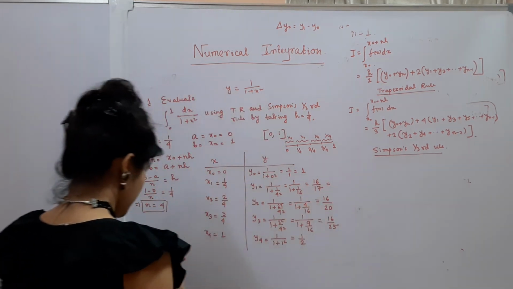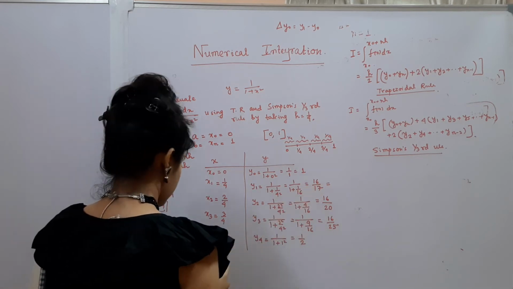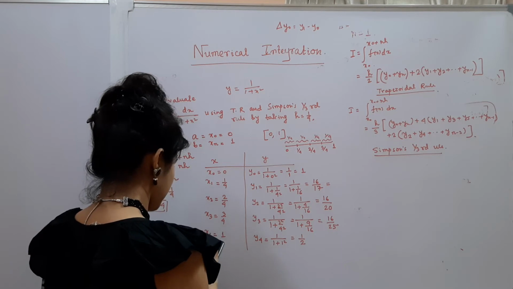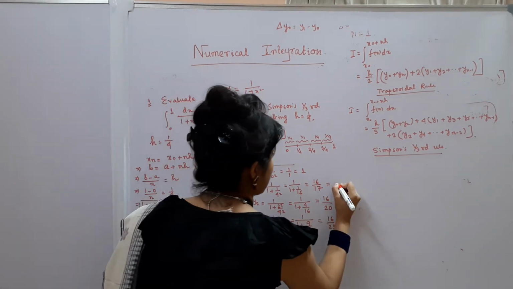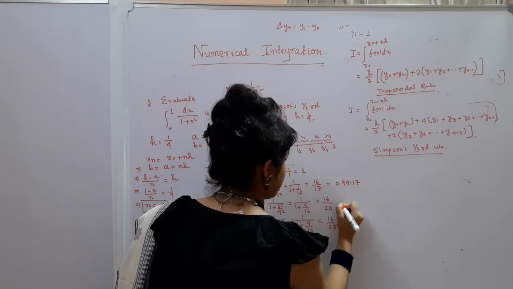Now I am converting them to the decimal form. So 16 by 17 could be written as 0.94117.